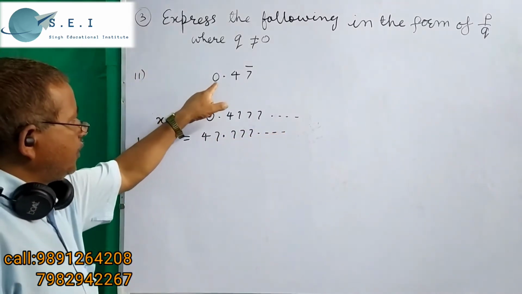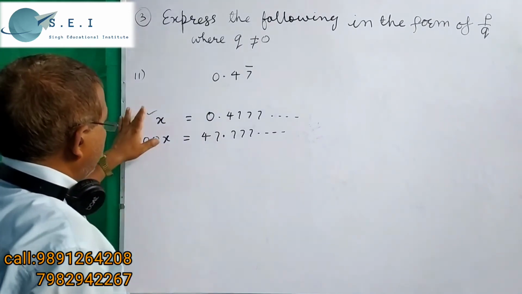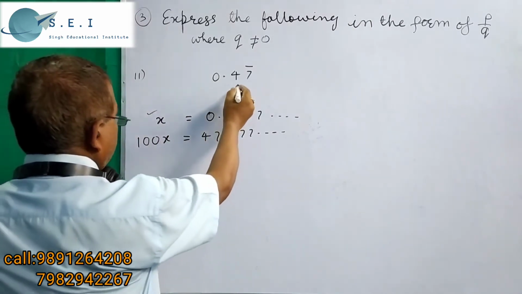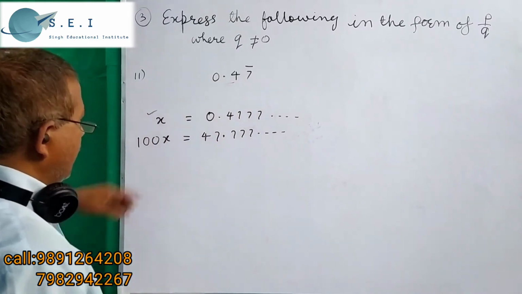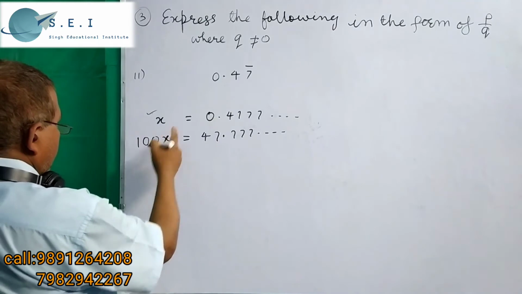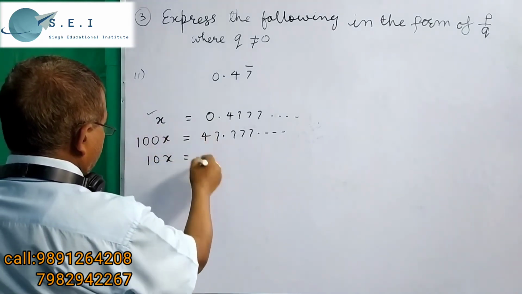In the next step, we multiply the same by 10. Why 10? Because the non-recurring part is one digit. Therefore, x is multiplied by 10 on either side.